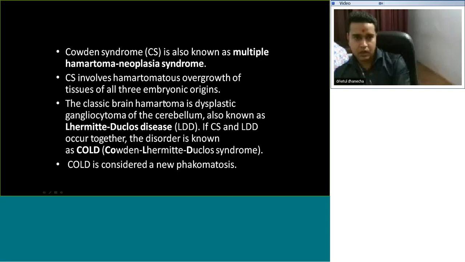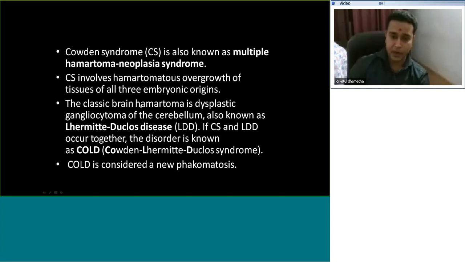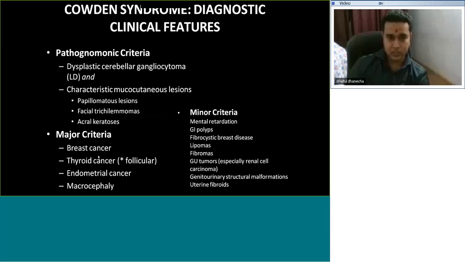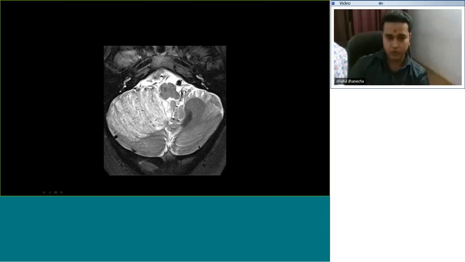Cowden syndrome is also known as multiple hamartoma neoplastic syndrome. The classic brain hamartoma is dysplastic gangliocytoma of the cerebellum, also known as Lhermitte-Duclos disease. This is the classic example of Lhermitte-Duclos.